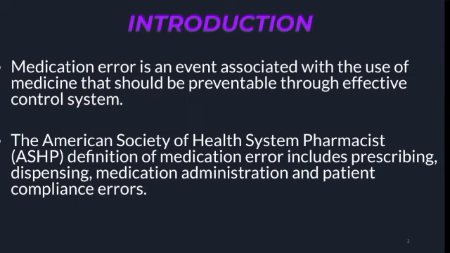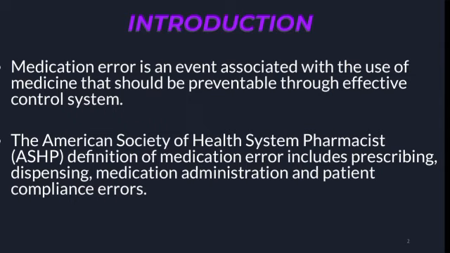Then wrong dose, omission error. Sometimes the patient will miss taking the drug, they will voluntarily miss the drug, or something like that. Errors like these happen in the hospital and pharmacy setting.